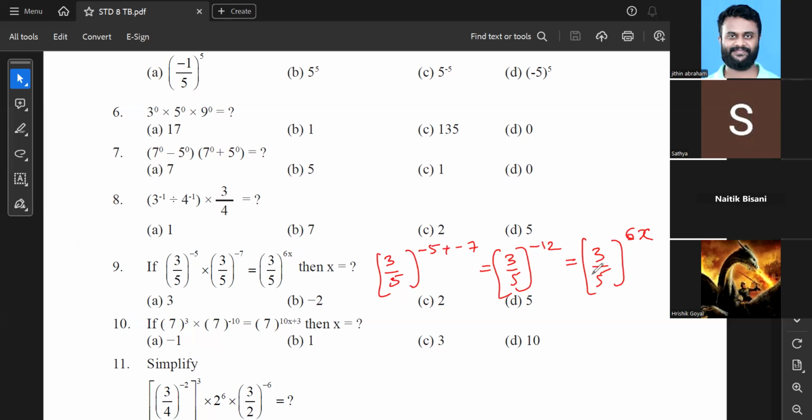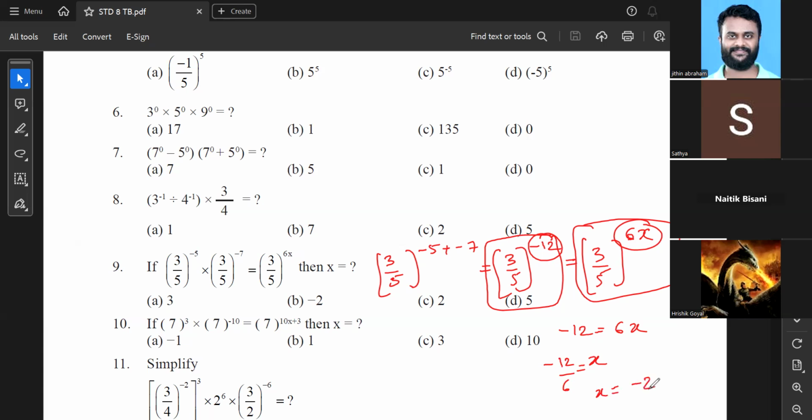As you can see, this equal to sign says that whatever you have over here is exactly the same as what you have over there. So 3 by 5 is the same, but this is minus 12 and this is plus 6x. The equal to sign says that this minus 12 is exactly equal to 6x. Let's solve this. When I take 6 to the other side, I'll be left with minus 12 divided by 6. That gives me x is equal to minus 2, negative 2. Your answer is negative 2.